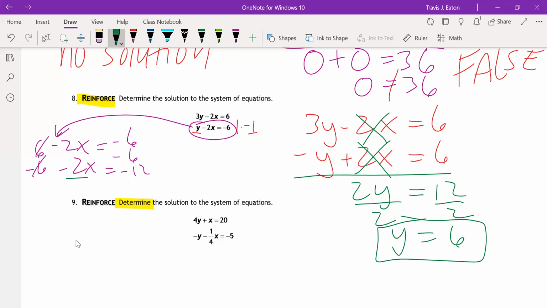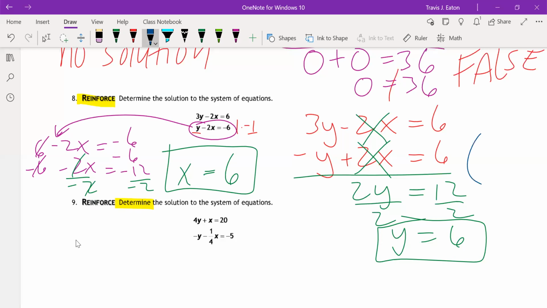Now I divide by -2, divide by -2. Those cancel out, and x equals -12 divided by -2 is +6. So I've got x equals 6 and y equals 6. So I have one solution here, and I'll write it over here, because it's the only spot I have room for, is 6, 6.